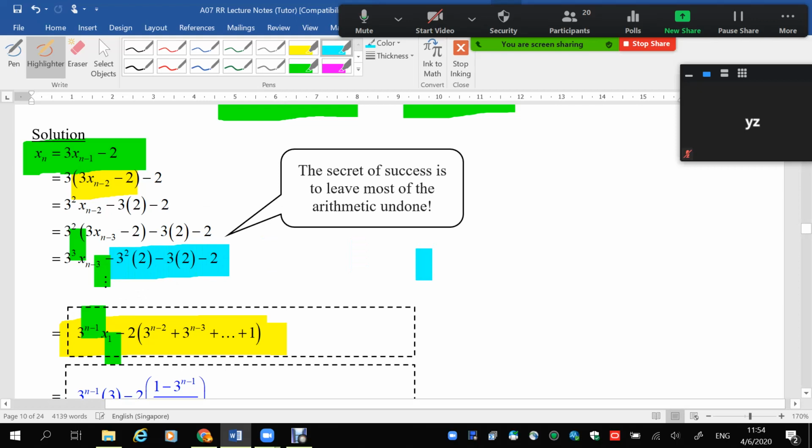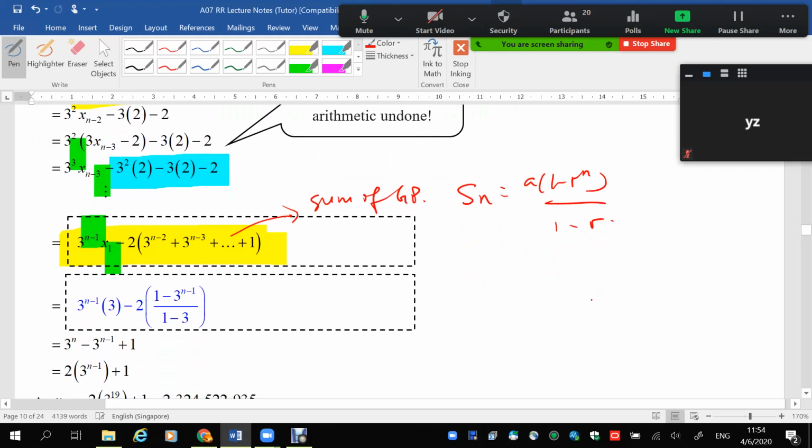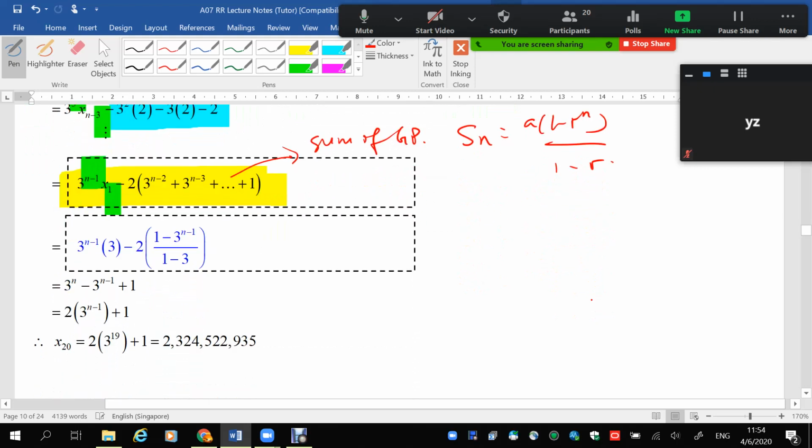What you're going to activate here, can you please write down, is your sum of GP formula. Your sum of GP formula is a(1 minus r^n) over (1 minus r). Once you generalize out everything, you will be able to give me this expression.